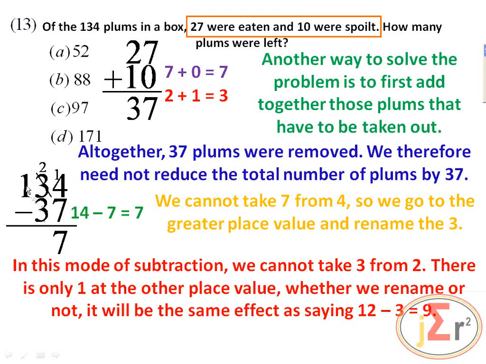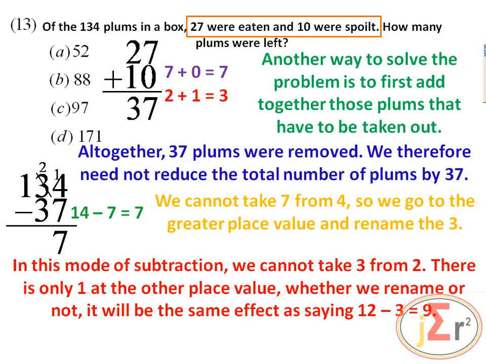And if we cause it to remain, we only have 12 left. So whether we rename or we cause it to remain, the effect is the same. So we will go straight ahead and subtract 3 from 12, and the result is 9. In this mode of subtraction, we cannot take 3 from 2.